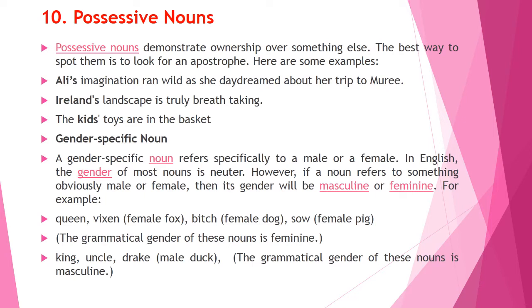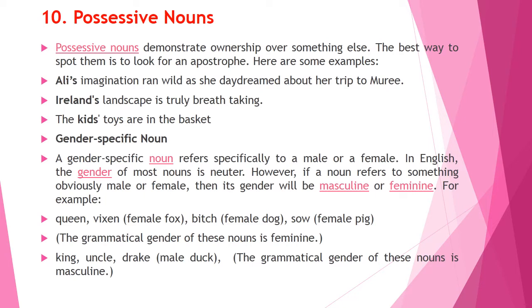Ireland's landscape is truly breathtaking. The kids' toys are in the basket. So all these examples are possessive nouns because the apostrophe is accompanied by these nouns.